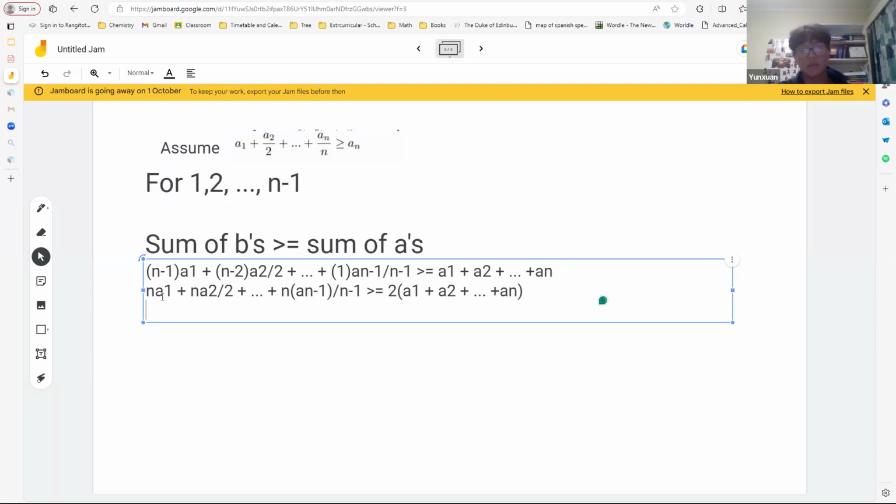Why is this significant? Because basically we get that the left-hand side now becomes n times b n minus 1. Right?